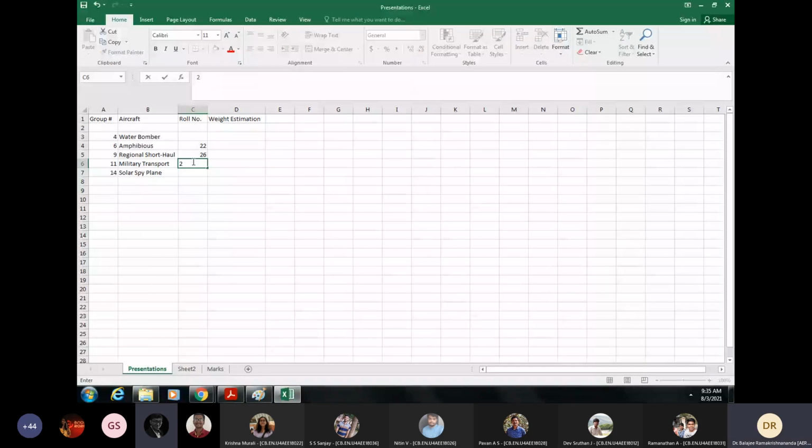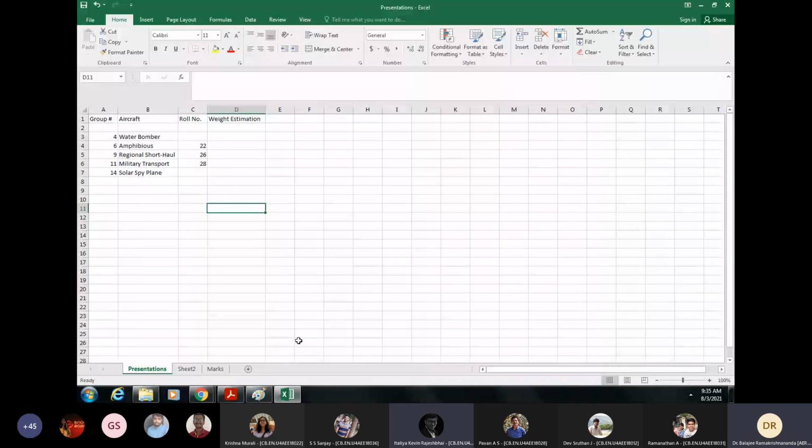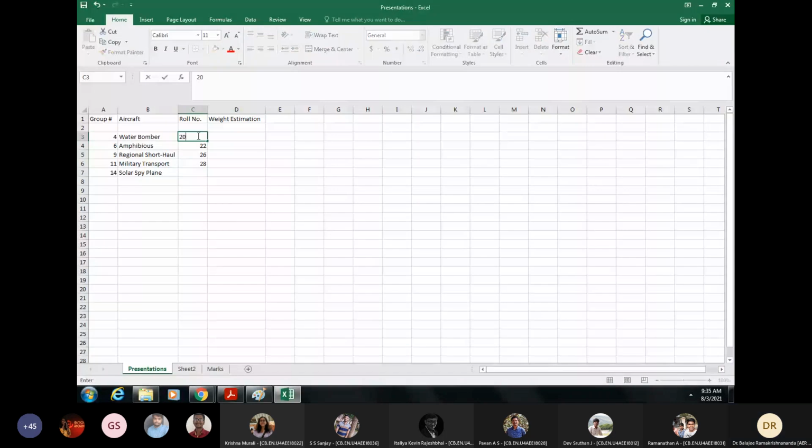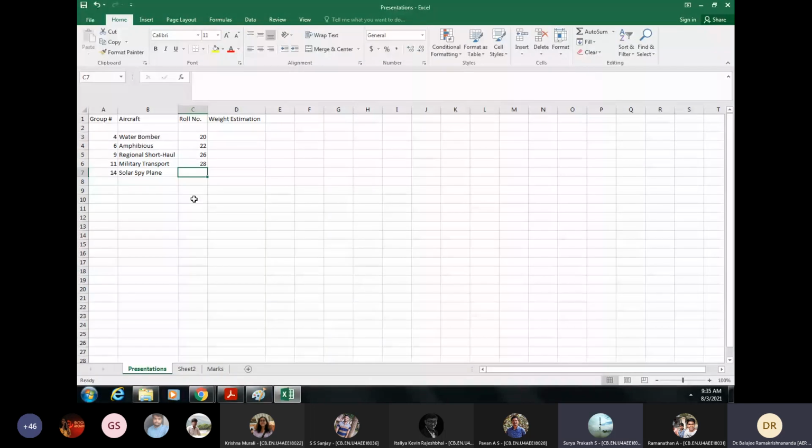Group 4, roll number 20, sir. Group 4, Kevin. Yes, sir. Sir, group 14, roll number 45. Who's 45? Surya Prakash. I'll better write the name also here, easier for me to know.